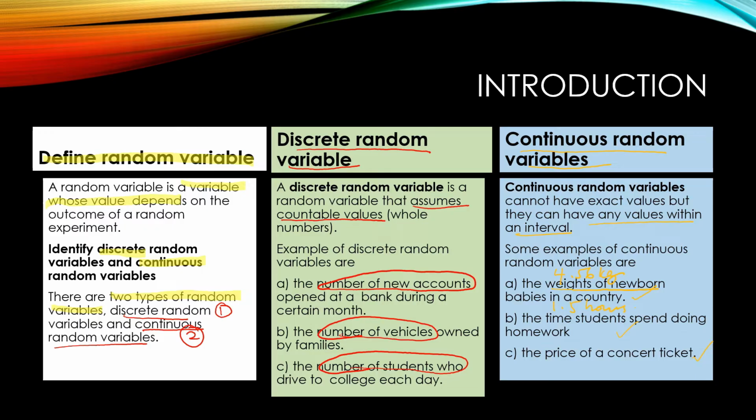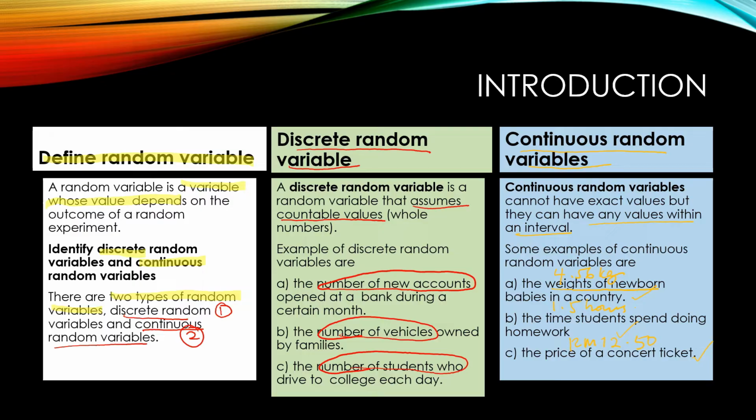The next one, the price of a concert ticket. If you are aware, in RM, we also have cents. That's why, for price, for example, we will write RM 12 and 50 cents. From here, you can see that for continuous random variables, the values can be in decimal places. Meanwhile, for discrete random variables, the values must be whole numbers.